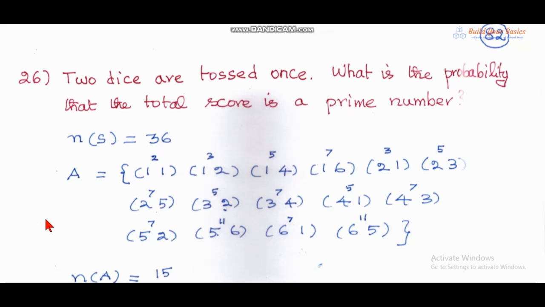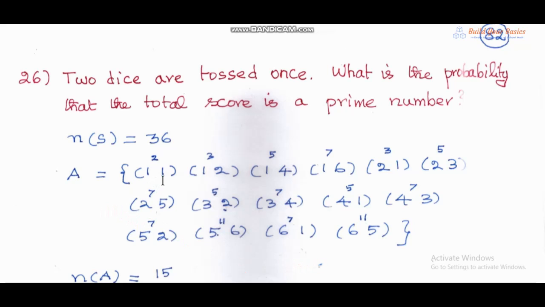The event is getting a total score which is a prime number. So the event A is 1,1; 1,2; 1,4; 1,6; 2,1; 2,3; 2,7; 3,2; 3,4; 4,1; 4,3; 5,2; 5,6; 6,1 and 6,5. Because in each case the total is a prime number.